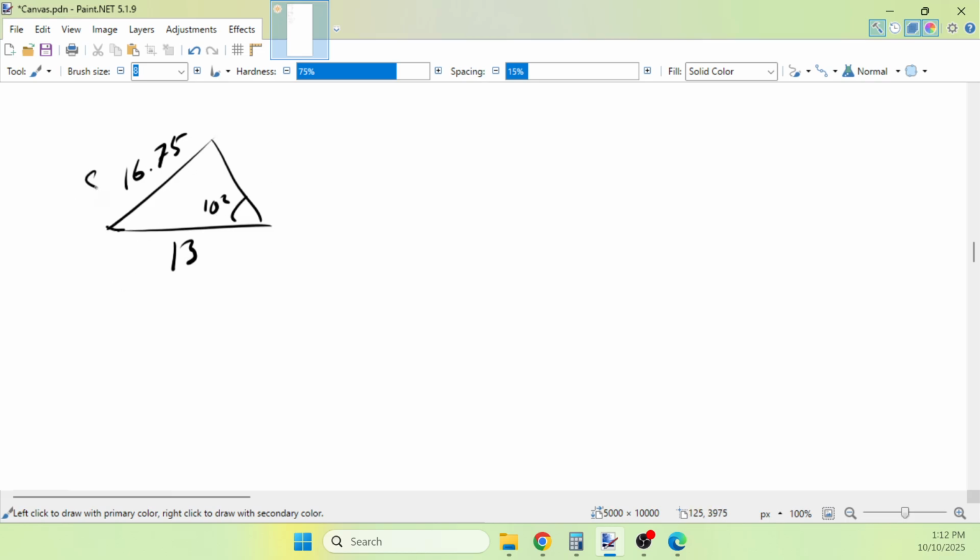So with this, we have a side and an angle, and the angle is not between the two sides. So this is a potentially ambiguous case. Let's walk through it. Okay, so from here, this is potentially going to be ambiguous, meaning that we might have two possible values for side A, and we might have two possible angles.